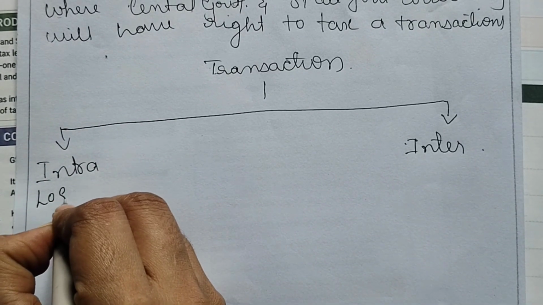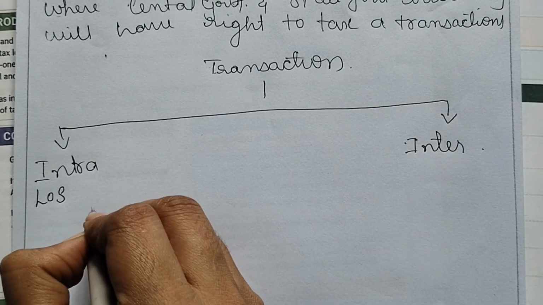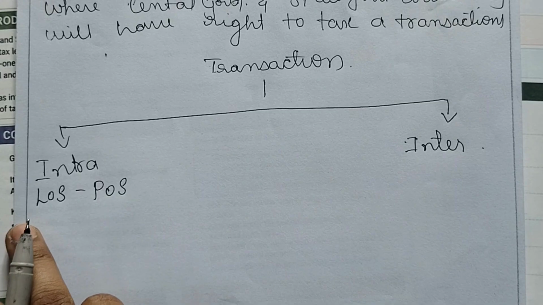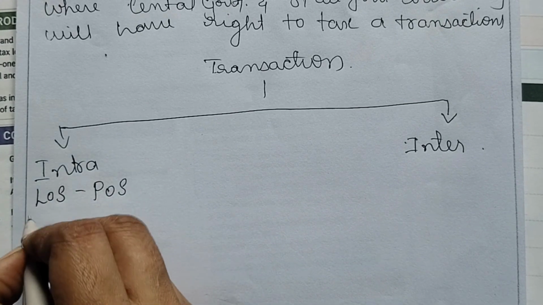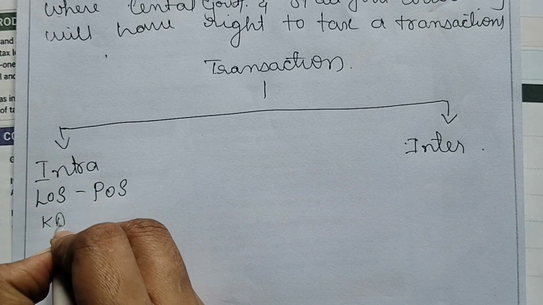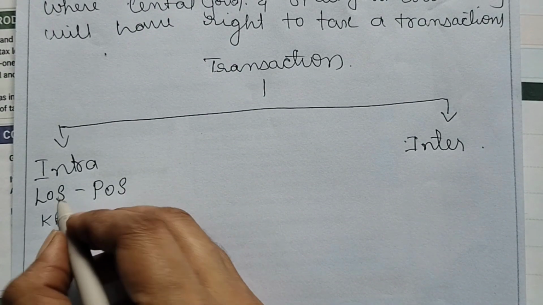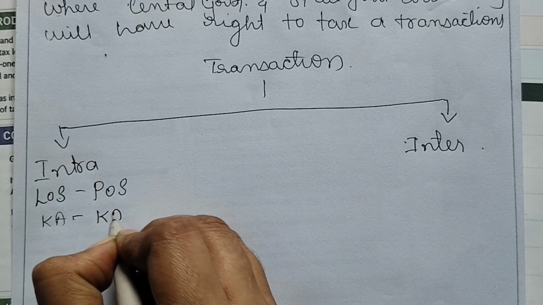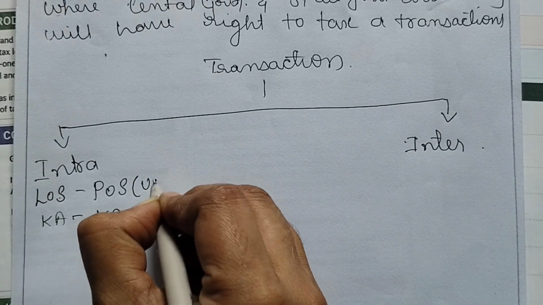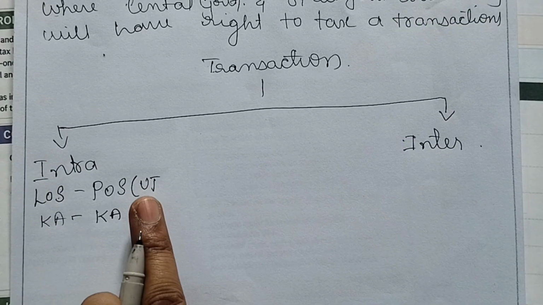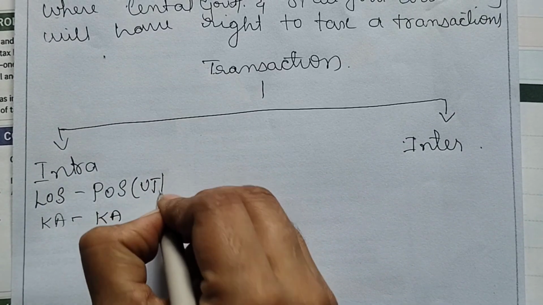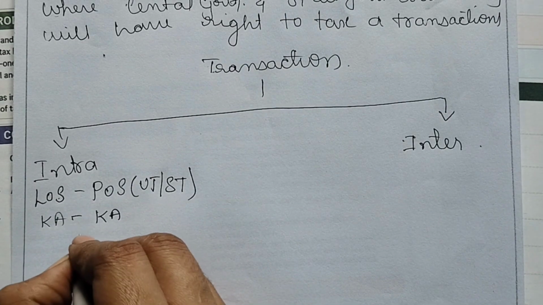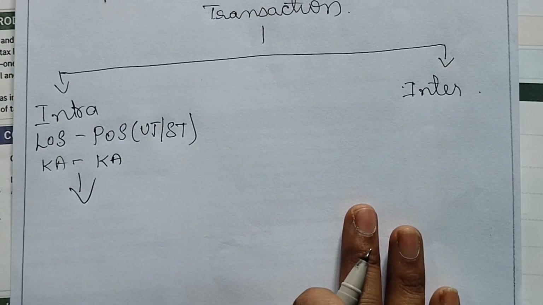That is where the location of supply and place of supply, both are the same. For example, the location of supply is Karnataka and the place of supply is also Karnataka, or it is within the same UT or same state. Then how will the GST be collected?